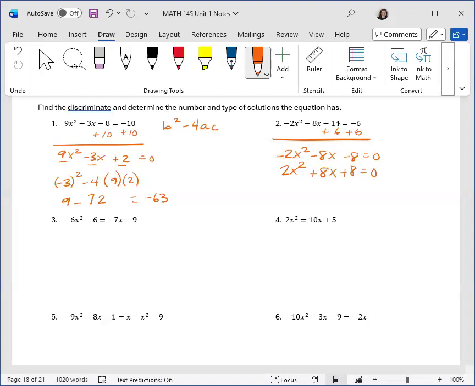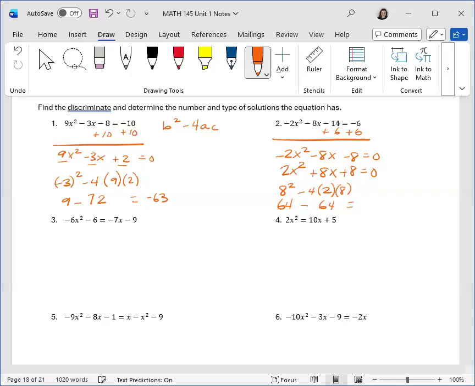Now, if I evaluate that discriminant, b squared, that's 8 squared, minus 4 times a times c. Order of operations, 8 squared is 64. 4 times 2 is 8, times another 8 is 64, and we are subtracting.